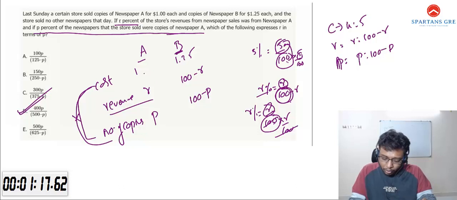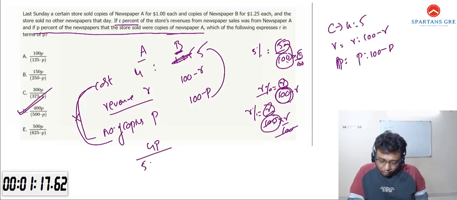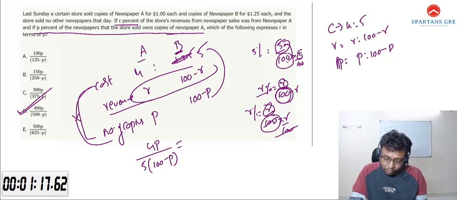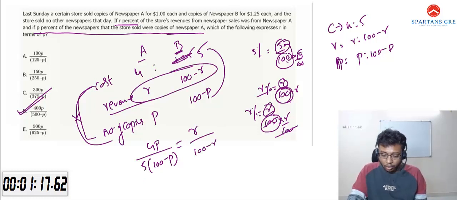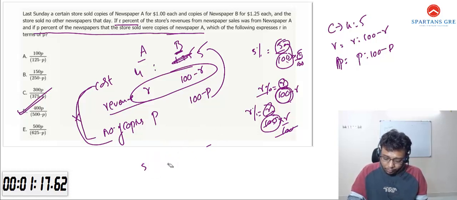So 1:1.25 means I got the ratio, it will be 4:5. So this will be 4p by 5 into 100 minus p. This ratio will be equal to this ratio, right? R by 100 minus R. Or you can also write like this, if you're confused about this.